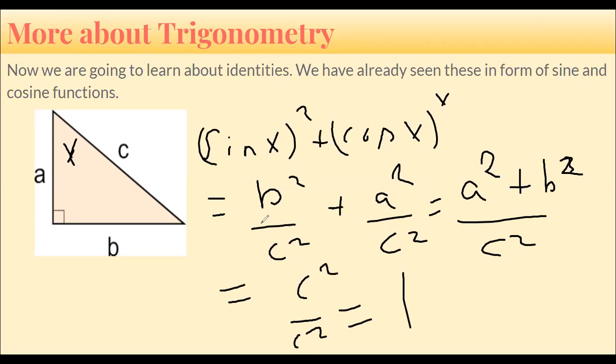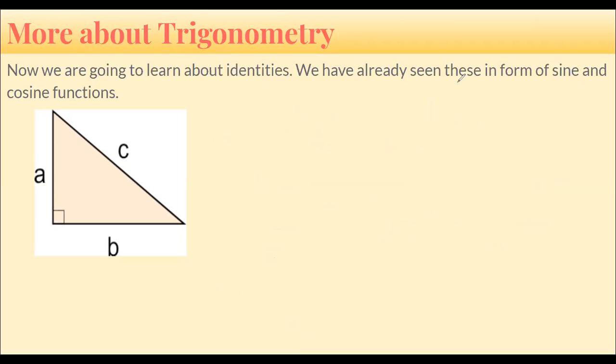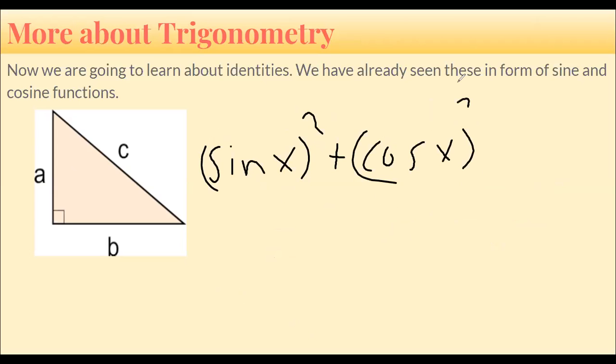This is a trigonometric identity: sine x squared plus cosine x squared is equal to 1. Remember this, guys. This would come up in a lot of questions.